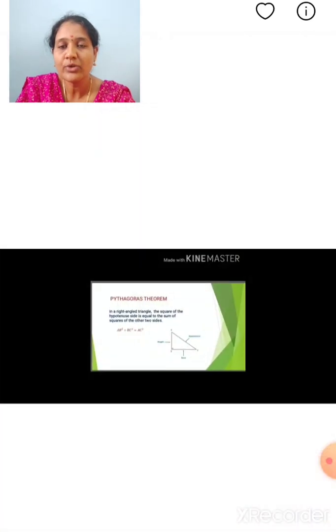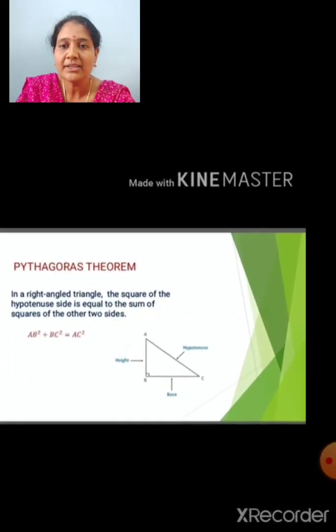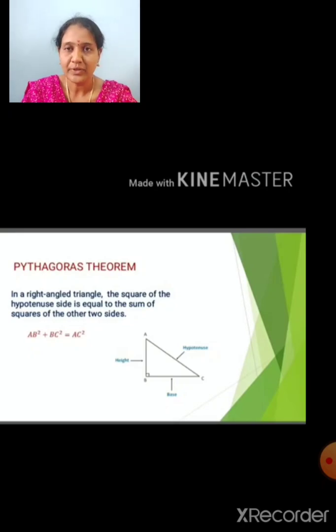And one more time we will discuss the Pythagoras theorem. You already know the Pythagoras theorem. What is another name of the Pythagoras theorem? You know, children, the Pythagoras theorem is known as the Baudhayana theorem. You discussed that already in the similar triangles chapter. In a right angle triangle, the square of the hypotenuse is equal to the sum of the squares of the other two sides.